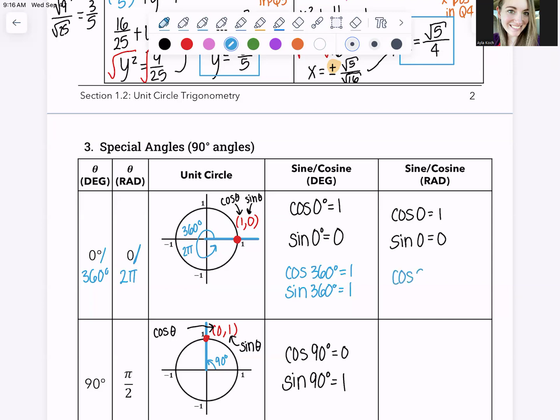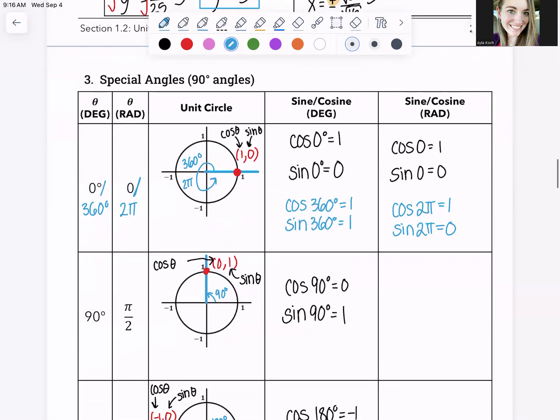So cosine of 2 pi is 1, sine of 2 pi is 0. For the 90-degree angle, that's the same thing as pi over 2. So cosine of pi over 2 radians is 0, and sine of pi over 2 radians is 1.